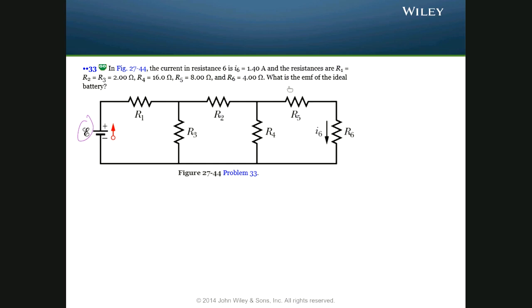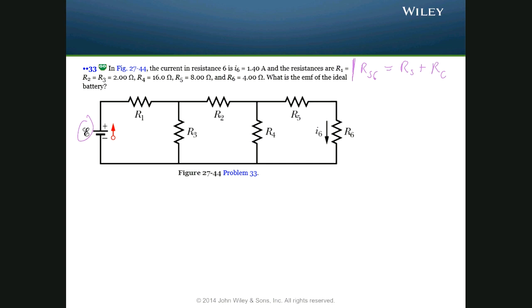So we can look at step 1, which is to combine R5 and R6, because that'll just be equal to R5 plus R6. And then we know the current through each of these.